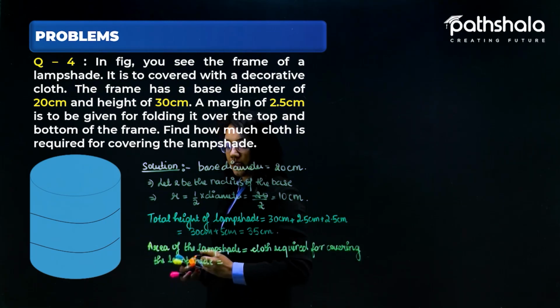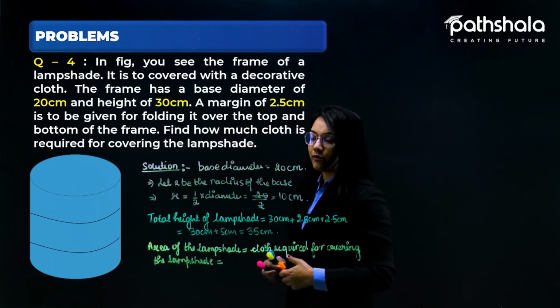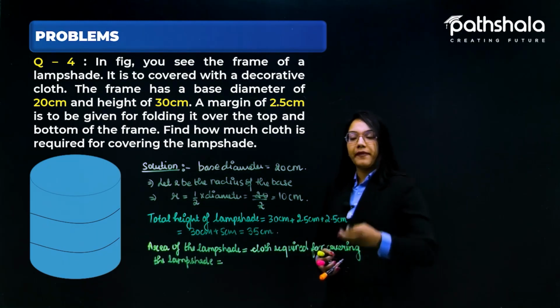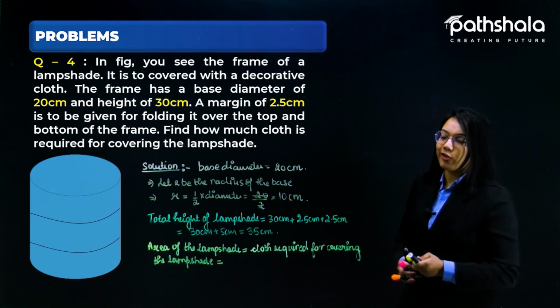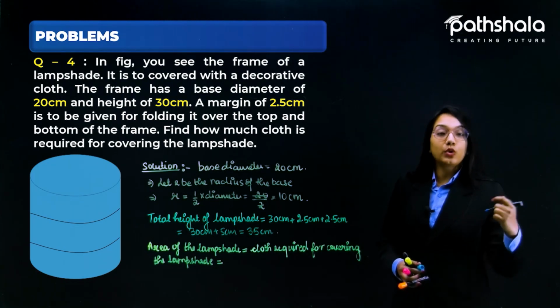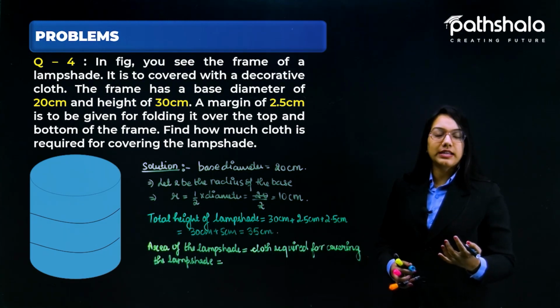Since as you can see, we just have to find out the area of the lampshade, which should be equal to the cloth which is required for covering the lampshade. So this is equal to the total area of this lampshade.